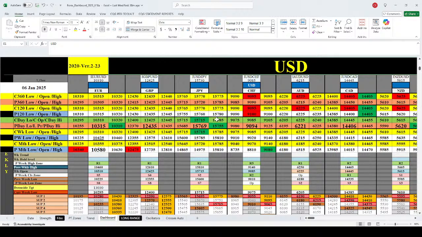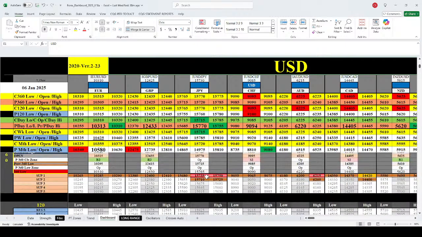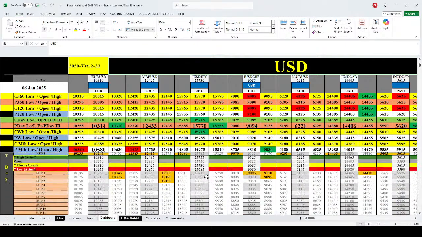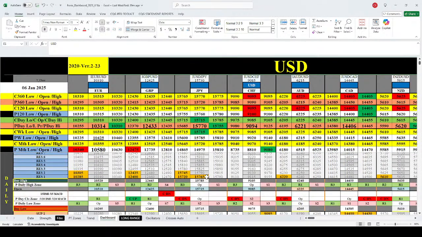So we should be expecting the price to test 15810, and if it breaks, then we should see the price pushing towards 15870, 15880, 15960. So these are our final targets in the event that 15810 breaks.